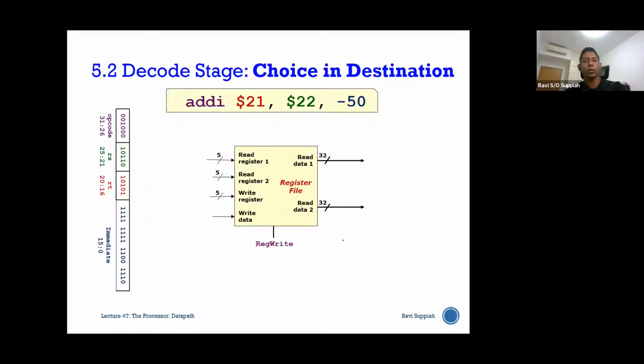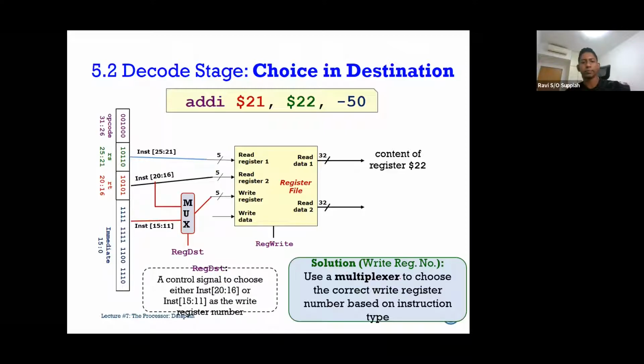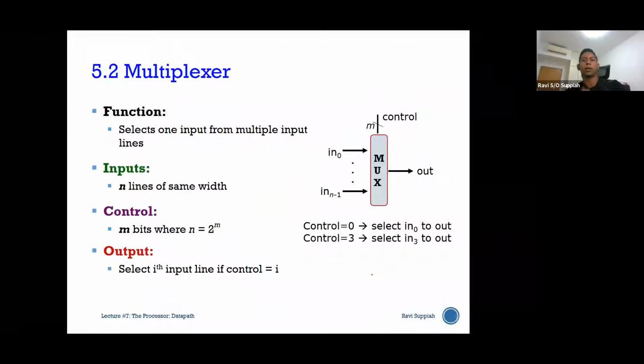The way we can go about this is we need to provide what we call a multiplexer. So what is a multiplexer? You can think of it simply, like how you use your TV at home.